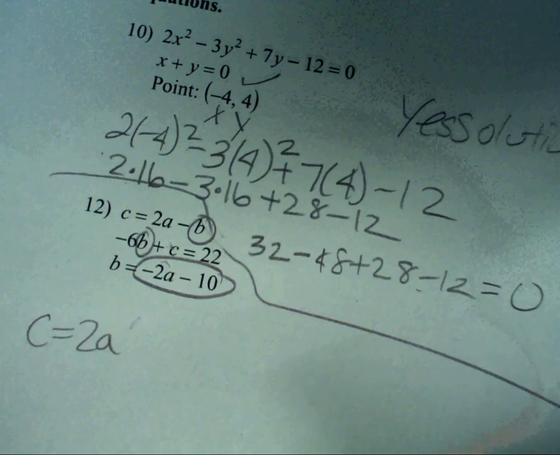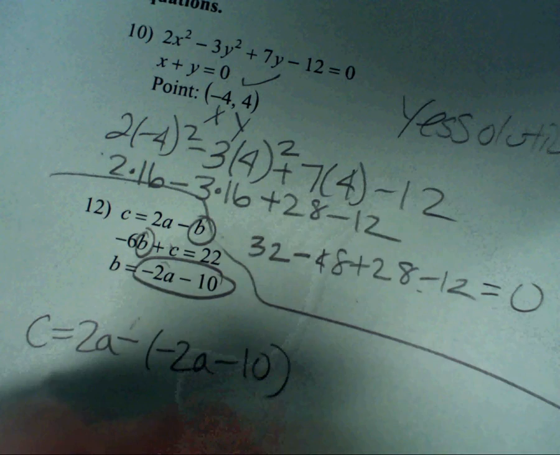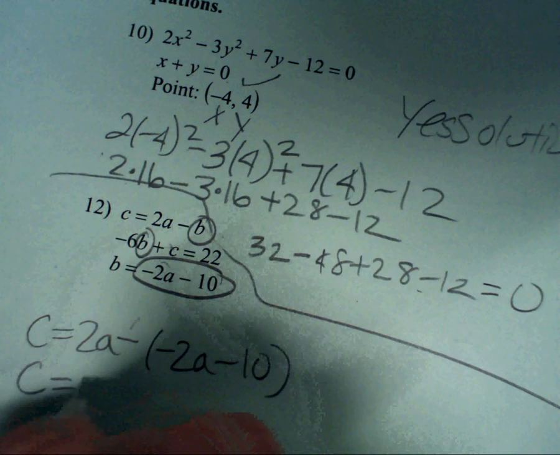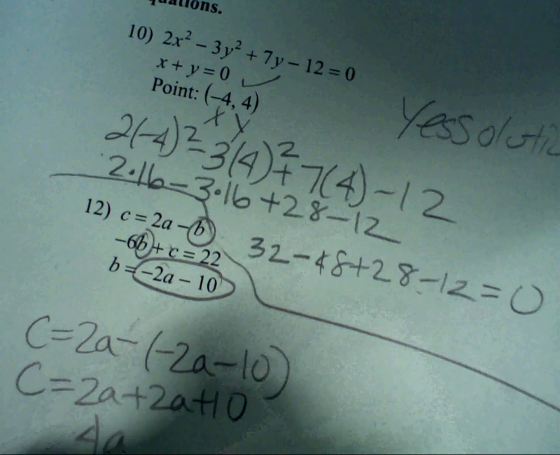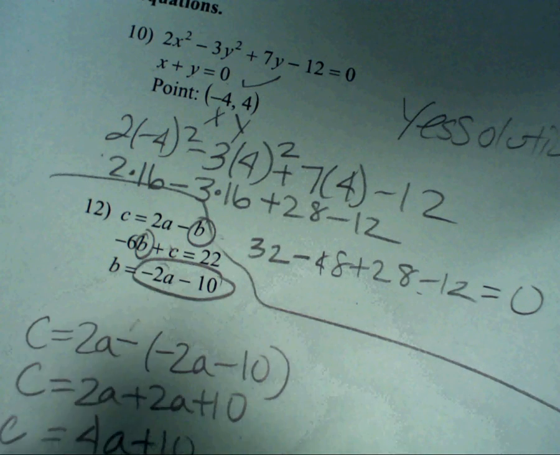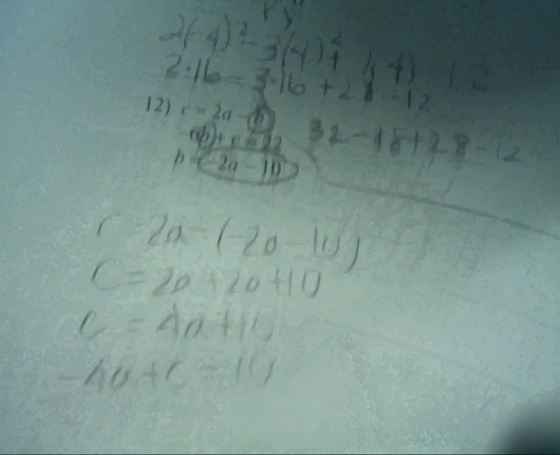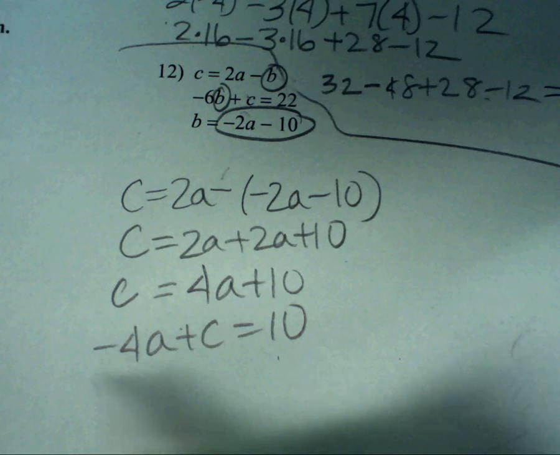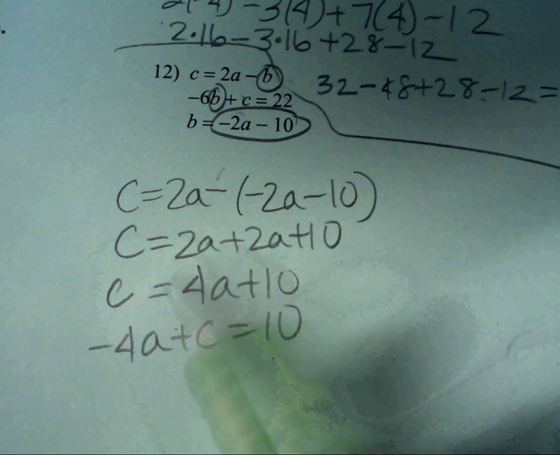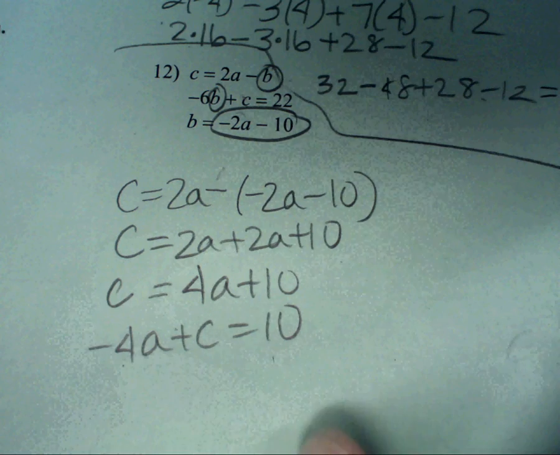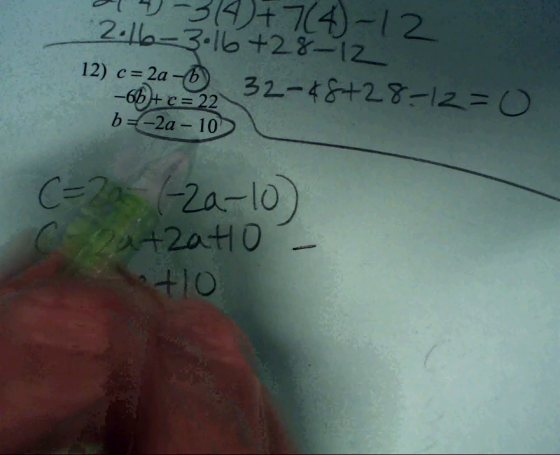So it'll be C equals 2A minus negative 2A minus 10. So that's C equals 2A plus 2A plus 10. Silly little mistakes will lead to problems. So what I did is I got it set up for elimination. So once I simplified this side, I subtracted 4a. Then I do the other equation over here.